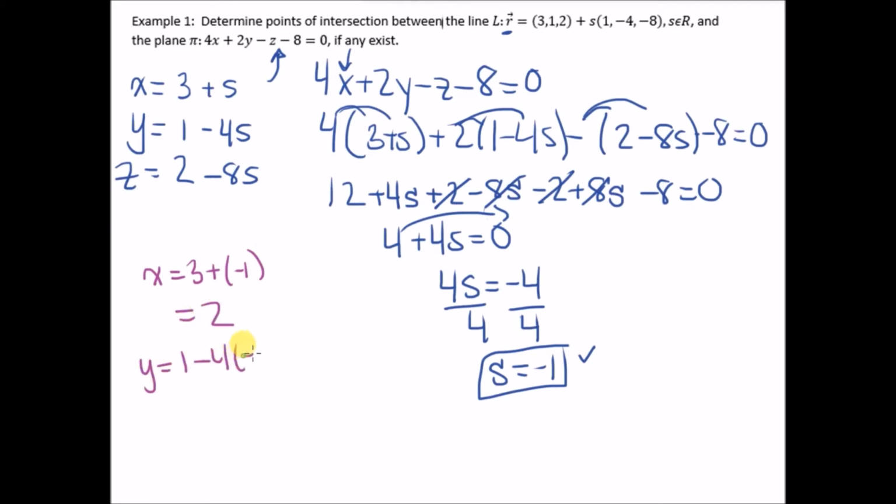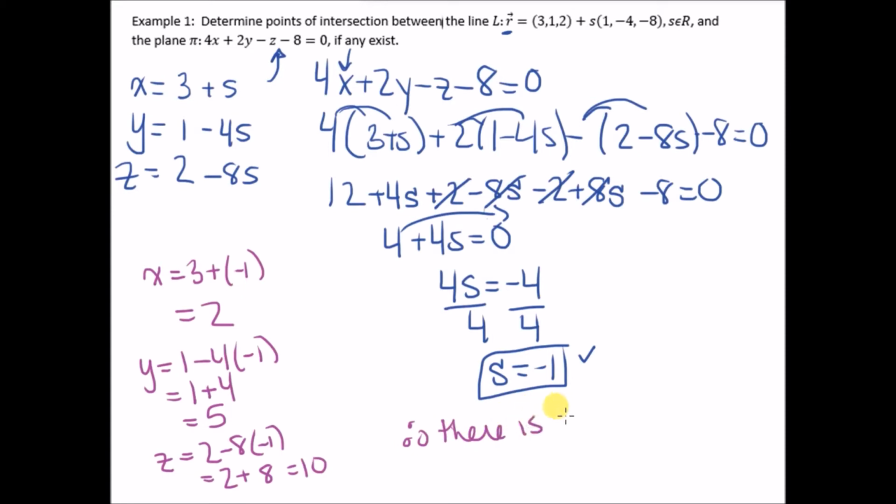Our y value is 1 plus 4, which is 5. And our z value is 2 plus 8, which equals 10. So there is one point of intersection at the point (2, 5, 10).